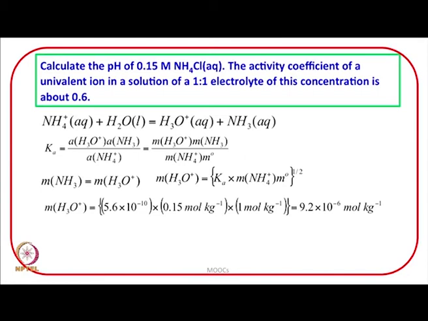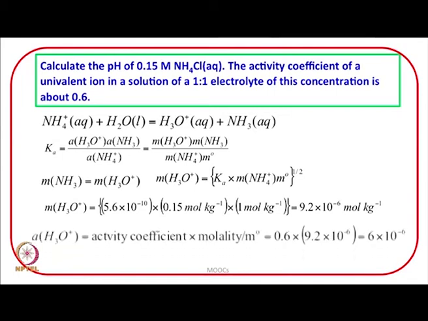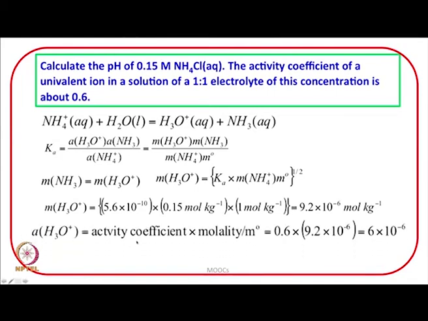But this is molality and we need activity. Activity is equal to activity coefficient into molality divided by M0. Again, M0 is introduced here to get rid of the units.